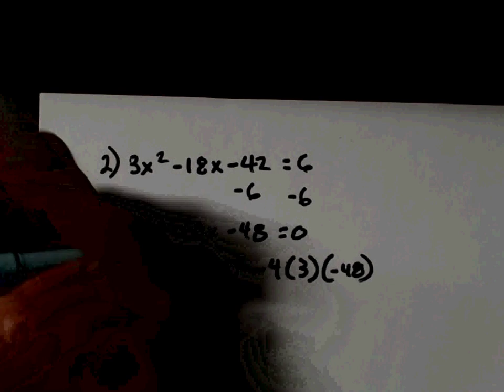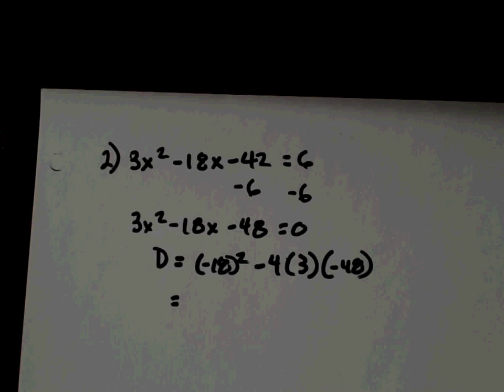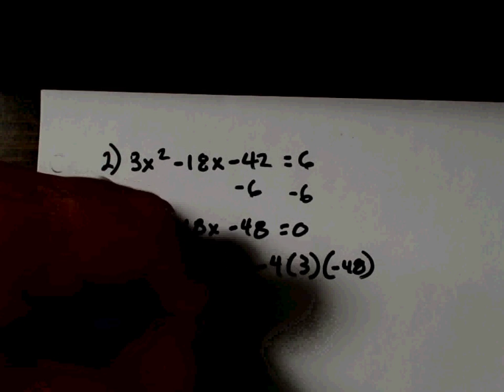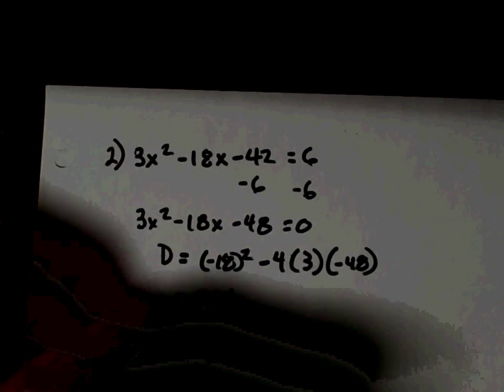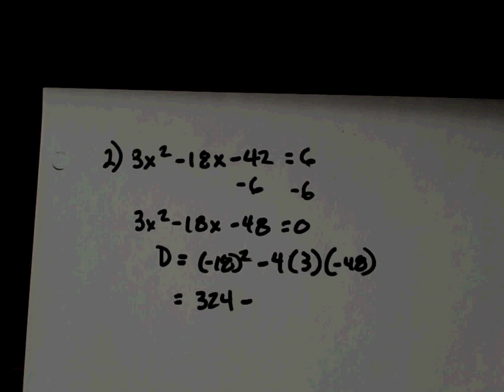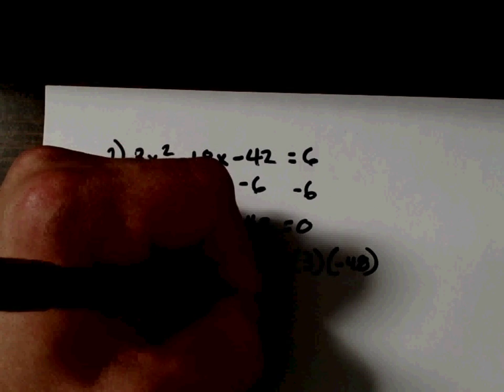What's 18 squared? Anybody? 324. Okay. What is 4 times 3 times 48? Don't do the negative 4. Negative 576, correct?